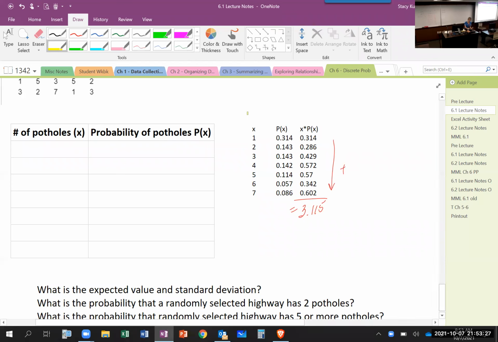Now, this information here is our probability model. This came from StatCrunch, from the raw data. We had to manually calculate the X times P of X column to find the expected value. So the expected value is what? How would I interpret this in relationship to this problem?